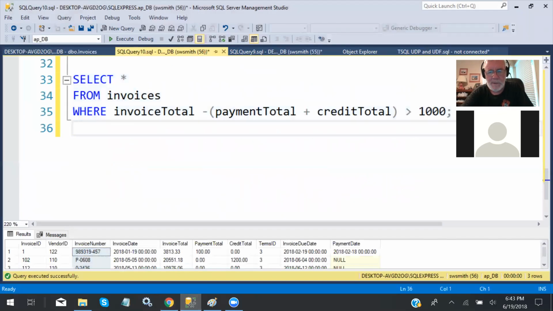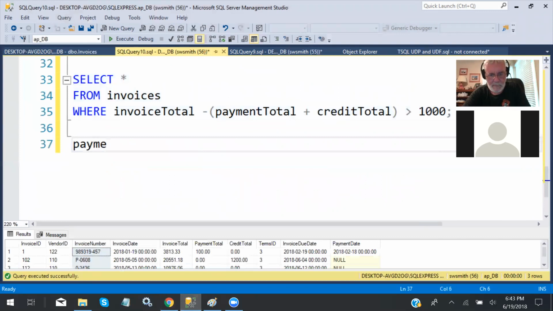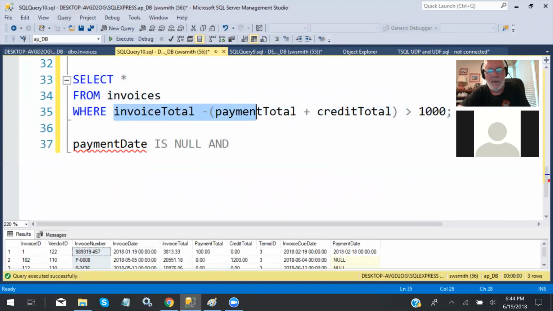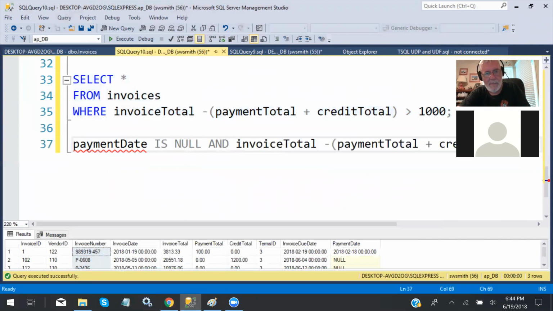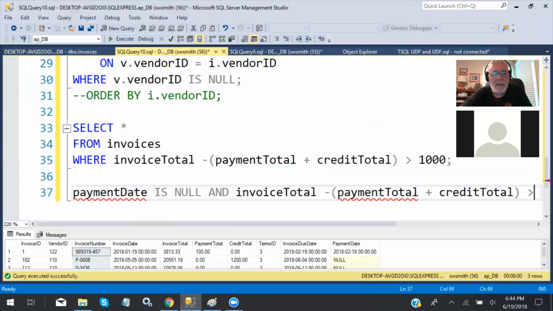So if I were to say payment date is null and now balance due is this. Is that right?